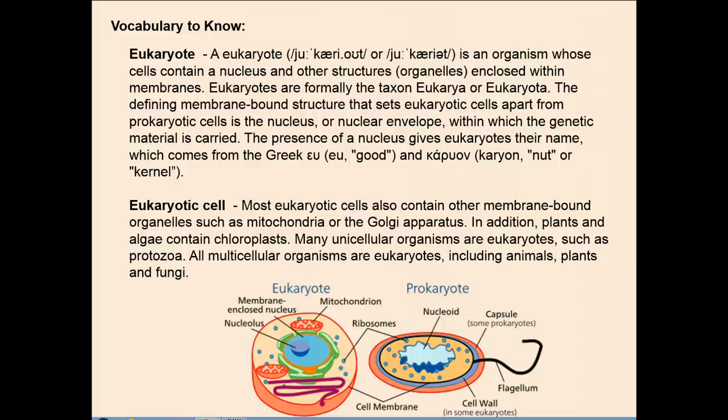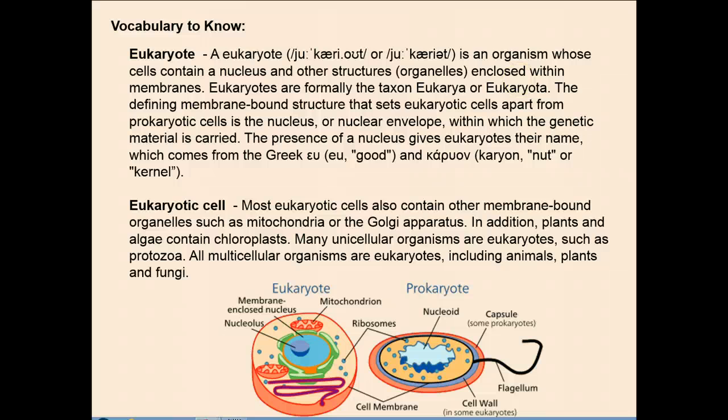I want you to remember that organelles have their own membranes that isolate themselves from the rest of the cytoplasm. Eukaryotes are formally the taxon Eukarya or Eukaryota, and the defining membrane-bound structure that sets eukaryotic cells apart from prokaryotic cells is the nucleus, or that nuclear envelope, that cubicle that sets it apart from the rest of the cytoplasm.